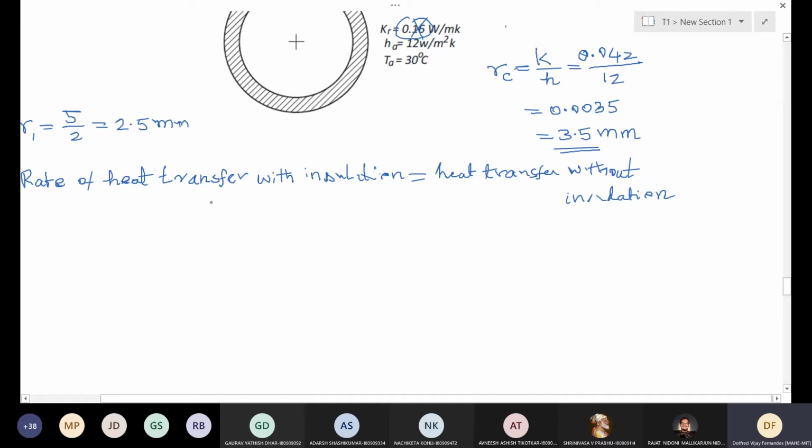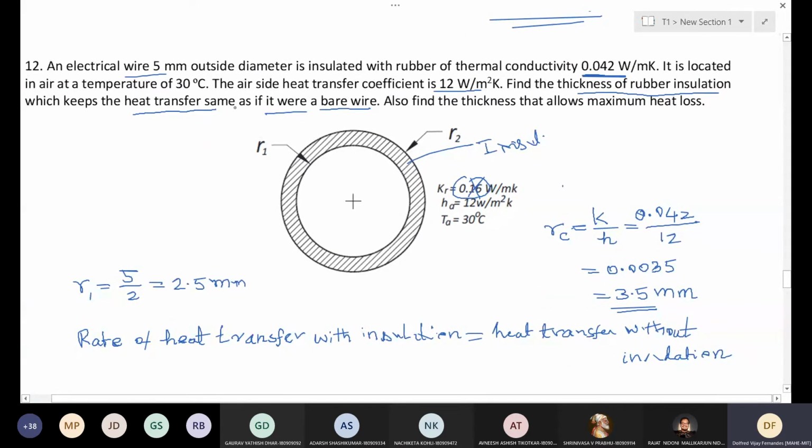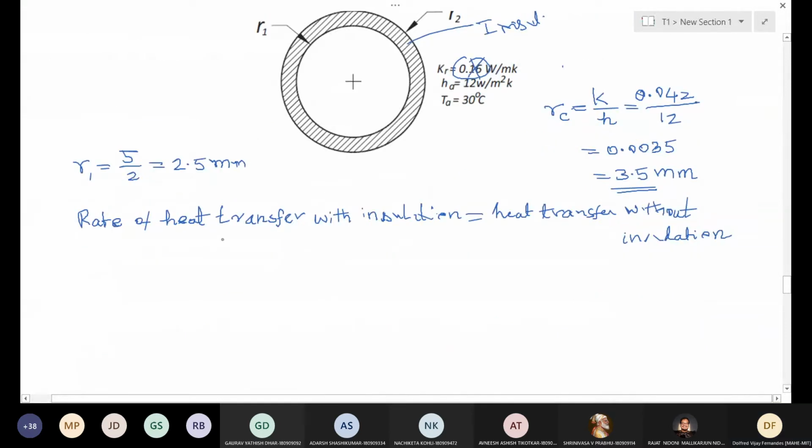Okay, so again the problem is similar. Here the rate of heat transfer with insulation is the same as without insulation. That's the condition. Find the thickness of the rubber insulation which keeps the heat transfer rate the same as the bare wire. With insulation you have two resistances. So you can say that RK plus RH at radius R2 is the same as RH.